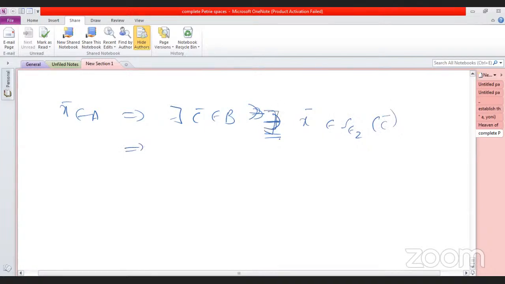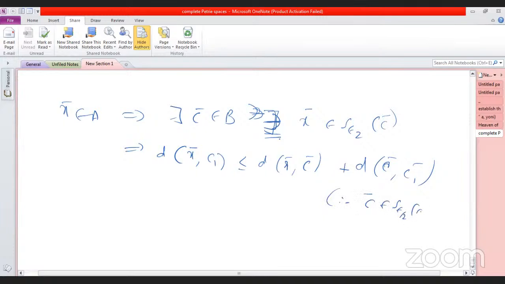Okay sir, there exists. Very good, ask, only by asking are doubts clarified. d(x bar, C1 bar) is less than or equal to d(x bar, C bar) plus d(C bar, C1 bar). So therefore the contradiction part: C1 belongs to S epsilon by 2 of C bar, it is epsilon by 2 plus epsilon by 2 is equal to epsilon. Correct? Yes sir, correct. A finite number gives an epsilon net for A.